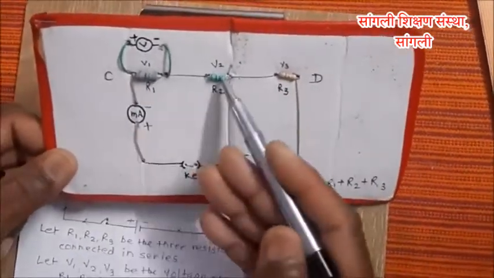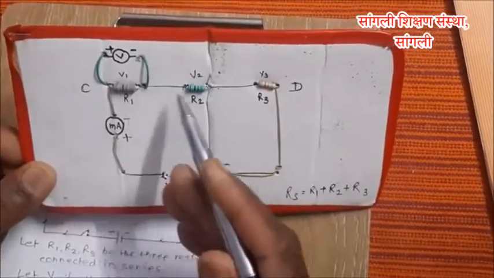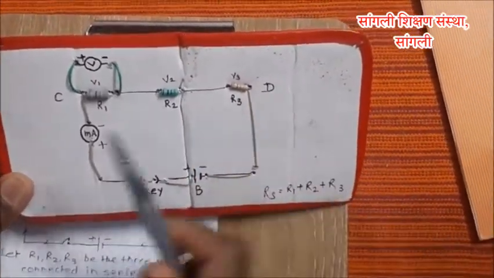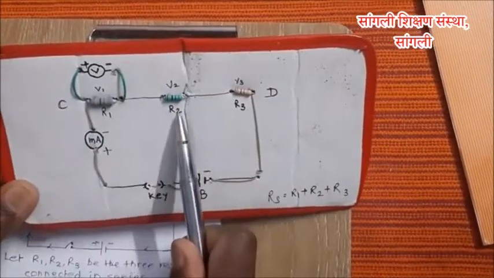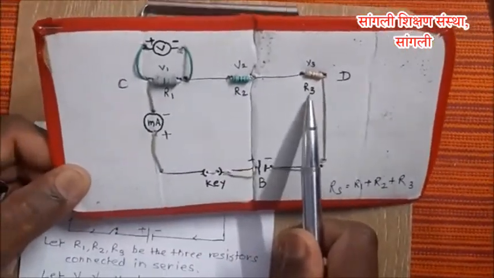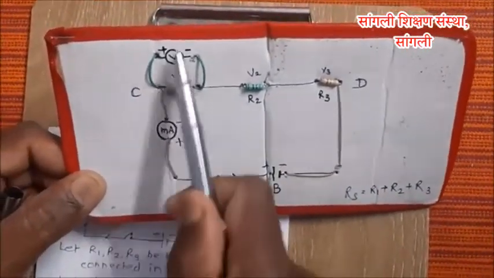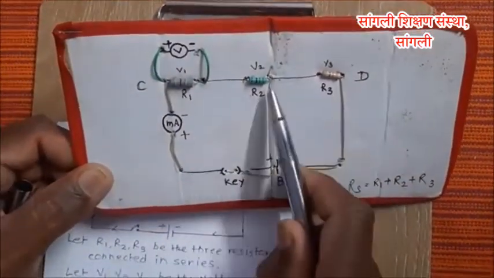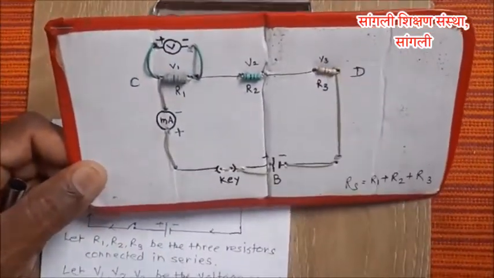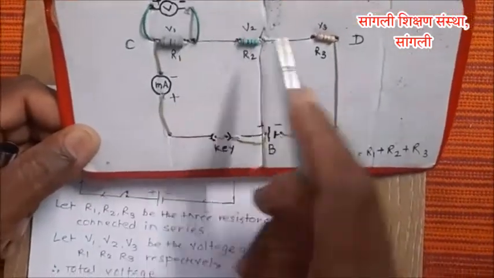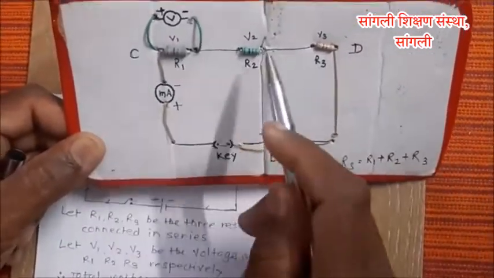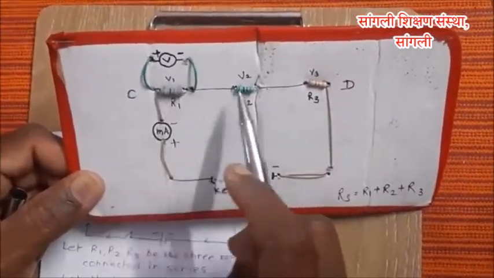So these are called resistors and these are connected one after another. Therefore, R1 resistor, R2 resistor, R3 resistor, and this is the voltmeter which is connected across R1 or across R2 or across R3. So this is one after another. These are arranged or connected one after another.